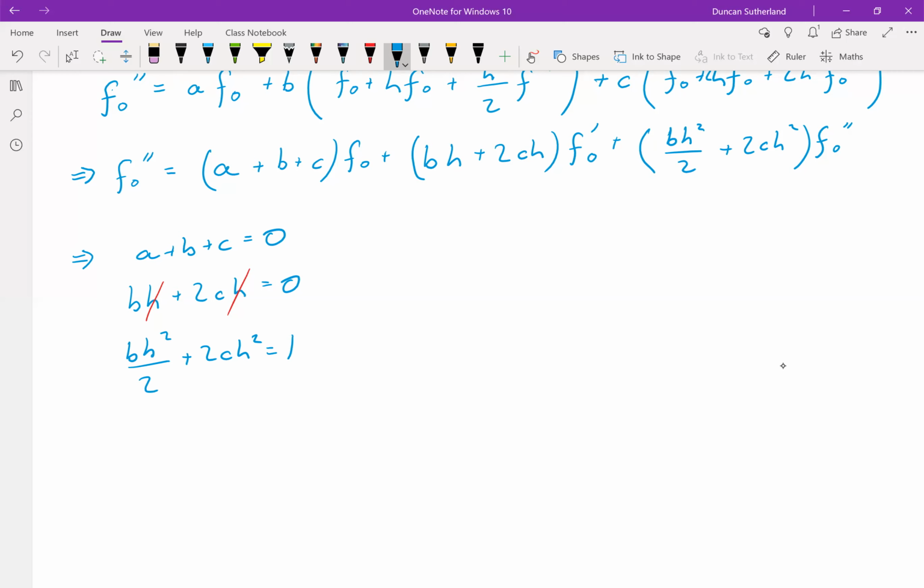So the easiest way to approach this problem is to use the information from this, namely b equals minus 2c. We can plug that information into this equation here, and we'll get a value for c. Alrighty.